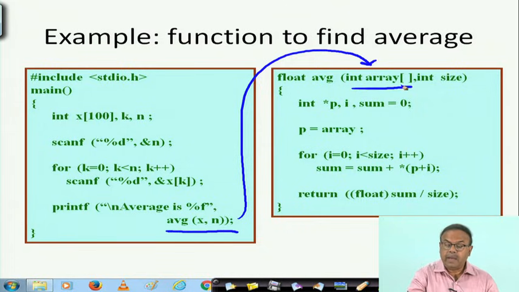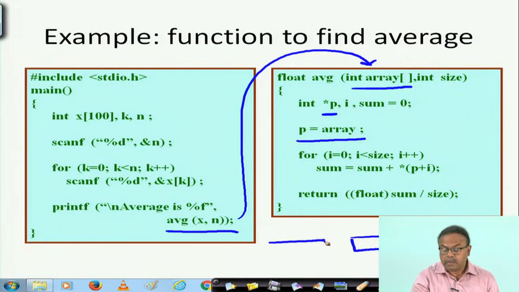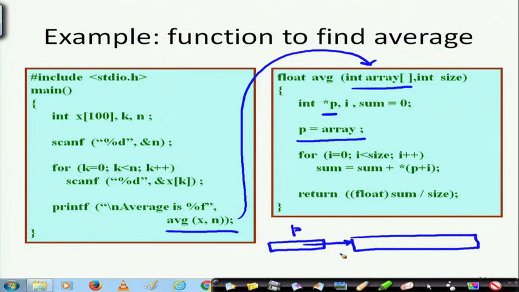When I say I am just passing the array, actually I have passed on the pointer. So, whatever I do, I am taking another *p which is local, which is pointing to the array. So, my array was here and I am putting another pointer p which is pointing to this array. And array means what? Array means the first location of the array.